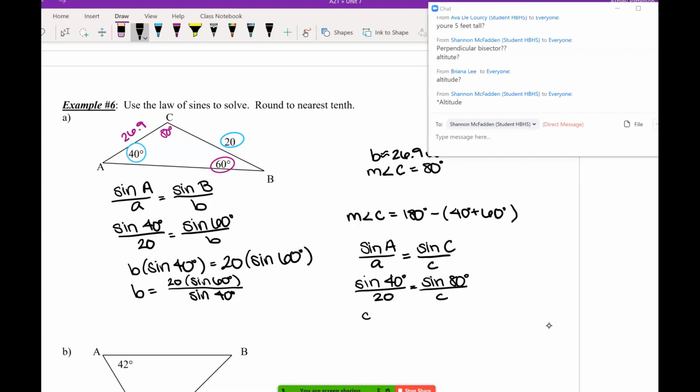Cross multiplying, we get little c times the sine of 40 degrees equal to 20 times the sine of 80. Grand finale, we get to divide. So little c is equal to 20 times the sine of 80 all over the sine of 40 degrees.